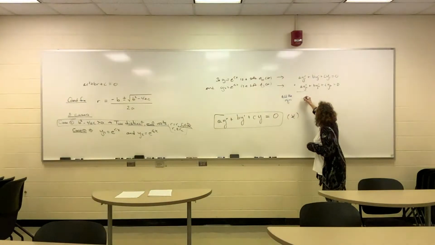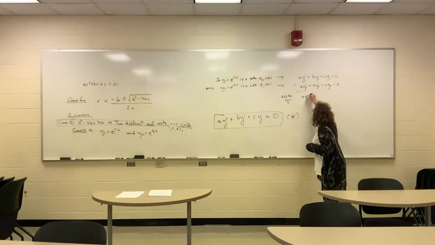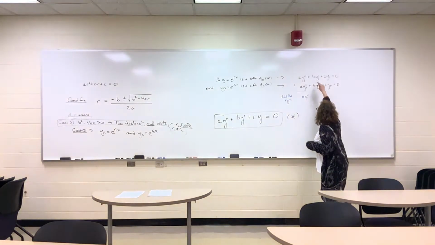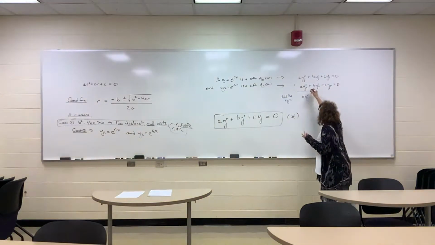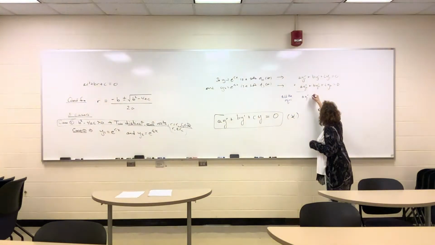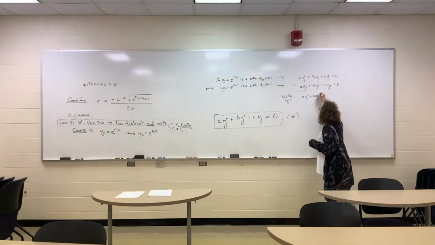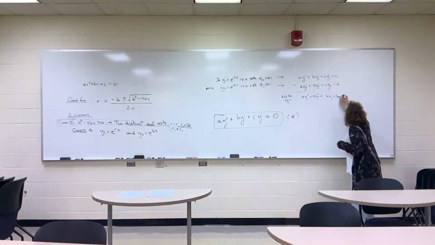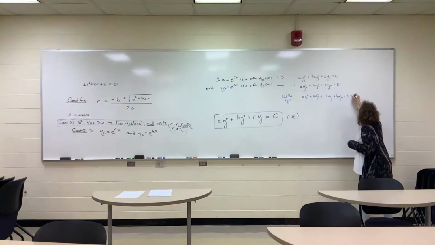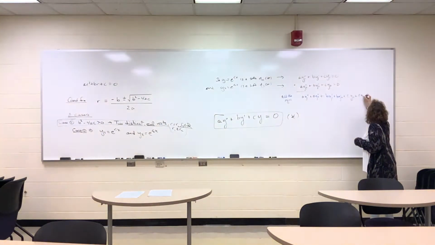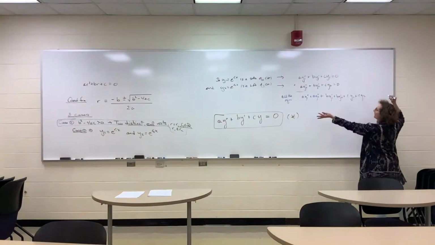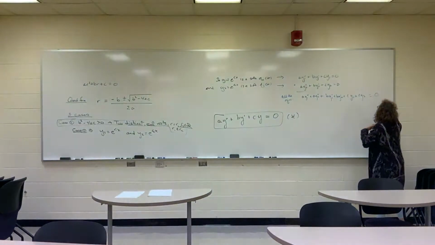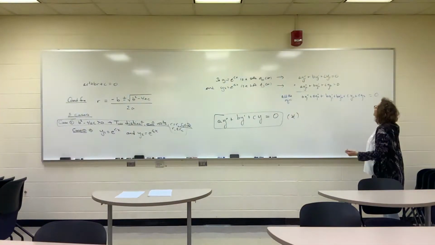So if I do that, I get a y1 double prime plus a y2 double prime, plus b y1 prime plus b y2 prime, plus c y1 plus c y2, adding the left-hand sides, is equal to 0 plus 0, which is 0. Very nice. Okay.